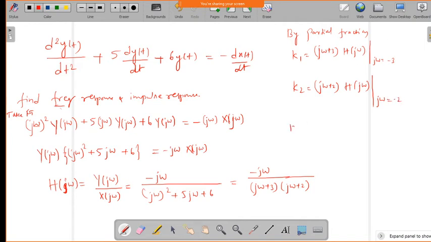So what will you get for k1? You will get minus j omega by (j omega plus 2) at j omega equal to minus 3. So if you put minus of minus 3 divided by minus 3 plus 2, what you will get is 3 by minus 1, so we will get minus 3.